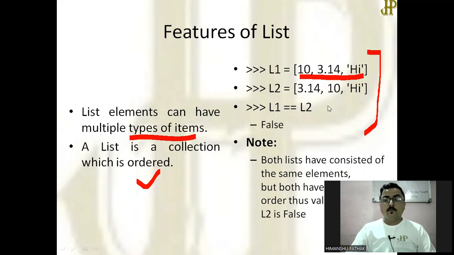It means whenever I check whether L1 is equal to L2, it will give the answer false always. Why? Because the order is to be maintained in a list. So there is a different memory location for L1 and a different memory location for L2. So I think it is very clear to you what ordered means.